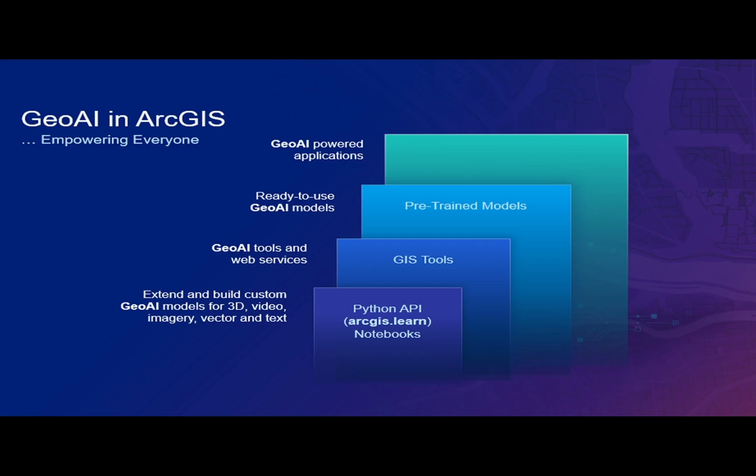And for those who are just starting their GeoAI journey, ready-to-use pre-trained models provide the perfect entry point to take advantage of GeoAI immediately. Depending on your business need, you use these 3 to build apps and solutions.